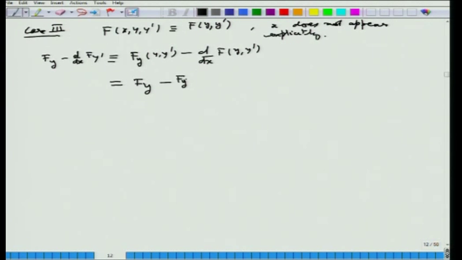So f_y', partial derivative with respect to y, and then y differentiated with respect to x, so you get y', and then you have y' minus f_y'y' y double prime, like this.